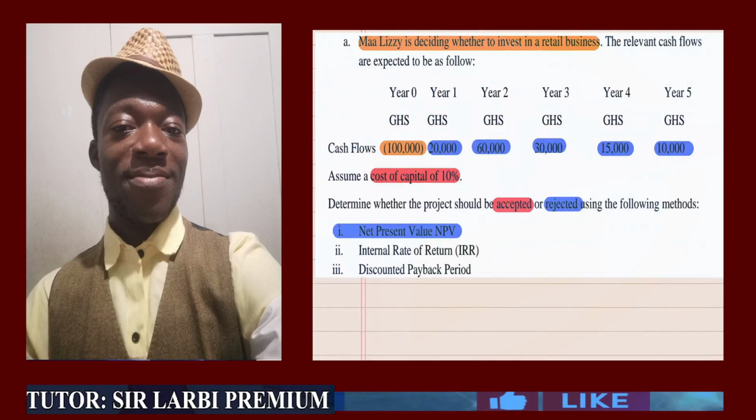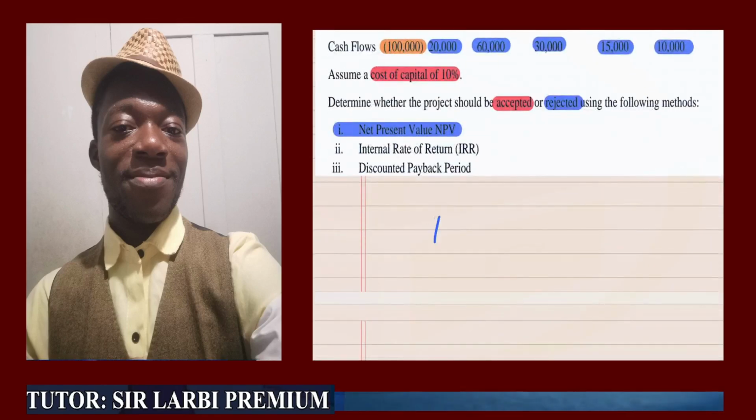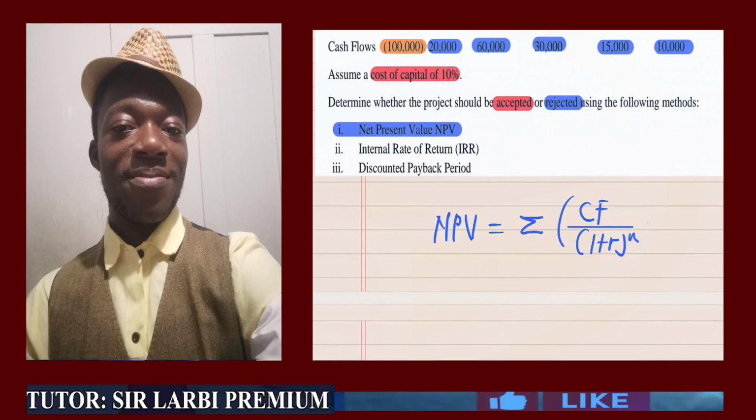Net present value, NPV, is equal to the summation of the future cash flows of the investment divided by (1 plus r) to the power n, minus the initial investment.